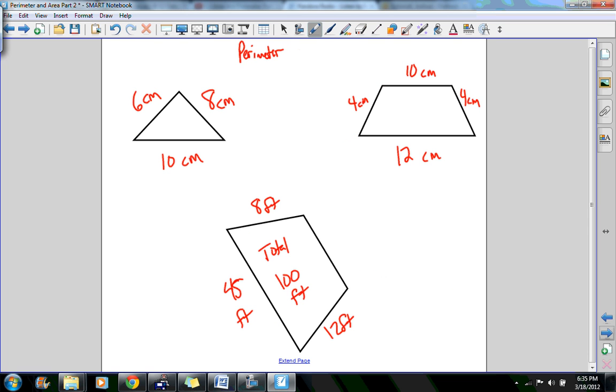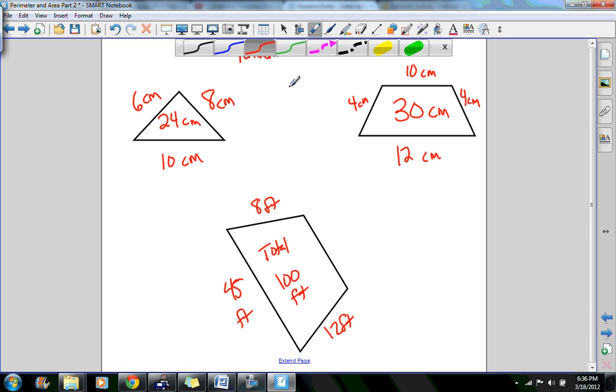So let's do perimeter first. We have some triangles here. The perimeter is just adding up the outside. So we have 10 plus 8, it's 18, plus 6 is 24 centimeters. Here it's a trapezoid, so we go 4 plus 4 is 8, plus 10 is 18, plus 12 is 30. Now here we get a little trickier. The total is 100 feet, but we have these on the outside.